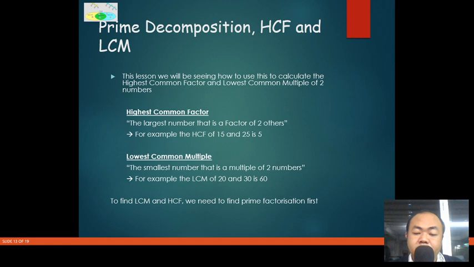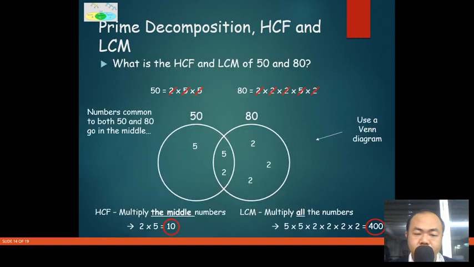To find the LCM and HCF, the first thing we need to do is find the prime factorization or prime decomposition. Now, I will show you how to do prime decomposition. We have a lot of ways, but the common way is prime factorization using a factor tree.